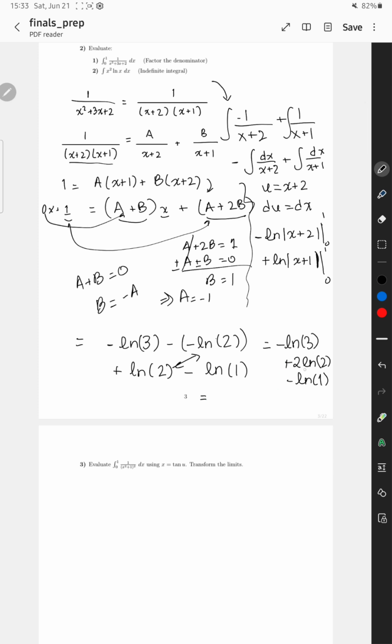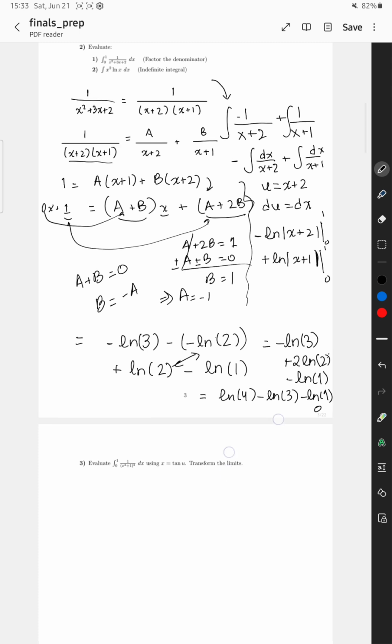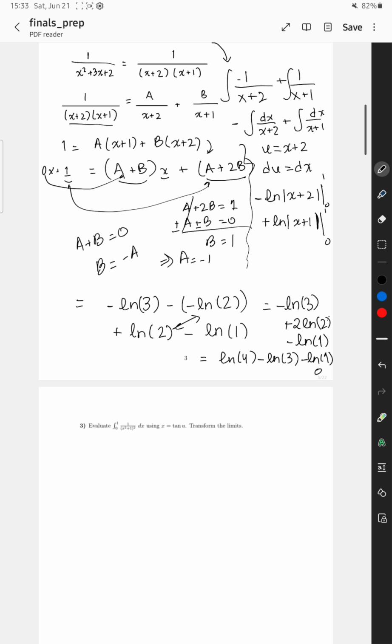Okay, so this can become squared, so it's natural log of 4, and the subtraction term is natural log of 3 minus natural log of 1. The natural log of 1 should be 0, because 1 is the number you get when you raise anything to the power 0. So natural log of 4 minus natural log 3, that's natural log 4 by 3. So that's going to be our answer.